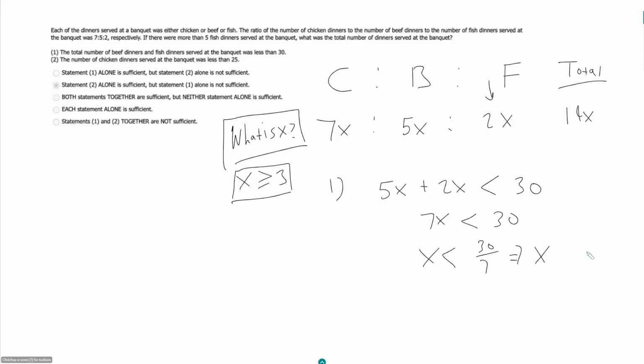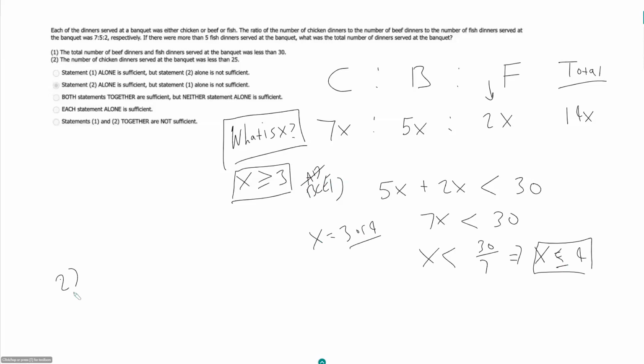So x is... what did we just say? 4 and 2 sevenths. x is less than 4 and 2 sevenths, which just means x is less than or equal to 4. And so what do we know? x is greater than or equal to 3, and it's less than or equal to 4. So x could still be 3 or 4 in this case. And so we are close, but still insufficient.